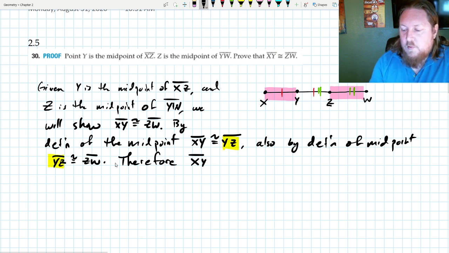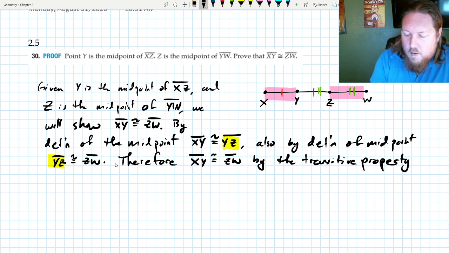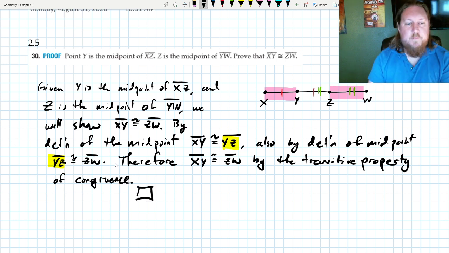Since two different segments are congruent to the same segment, then they are congruent to each other by the transitive property of congruence. And there's the end of my proof.